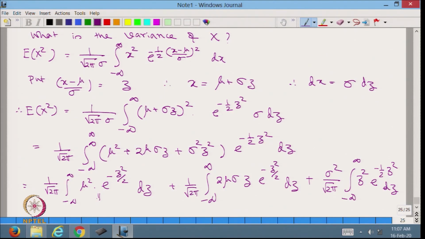Now, in the first term I am integrating a constant mu square against the standard normal PDF. Therefore, this will give me mu square. The second term is effectively computing the expected value of a standard normal, which we know is equal to 0, and the third is the expectation of x square when x is standard normal. Therefore, this integration will give us 1, and therefore, the outcome from this is sigma square.